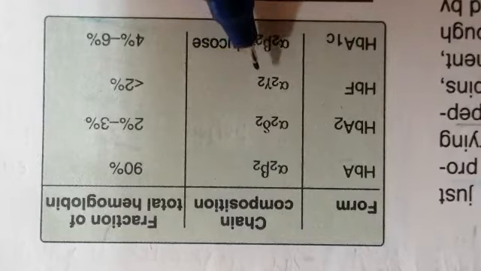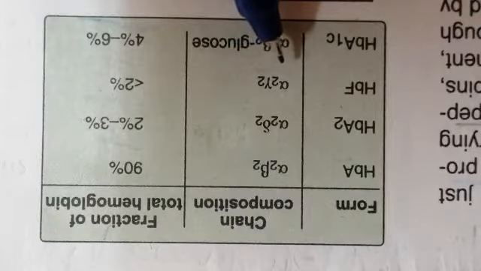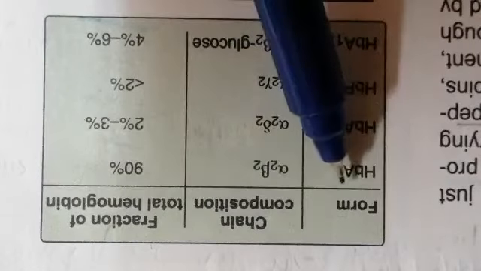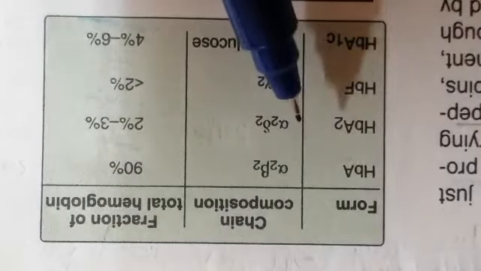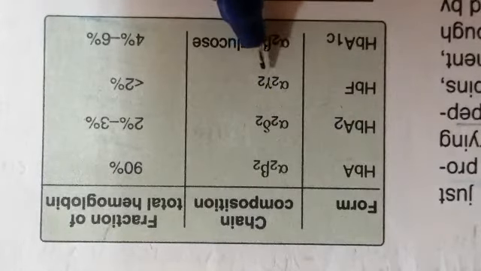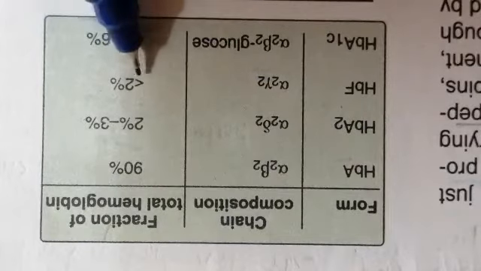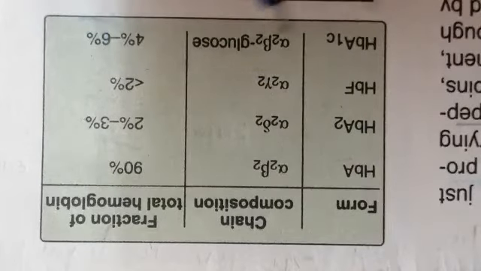The chain composition is alpha 2 and gamma 2. These gamma chains are present only in the fetus. At the adult stage, this hemoglobin is replaced by hemoglobin A, the adult hemoglobin. In adults, this alpha 2 gamma 2 composition is less than 2% of the total fraction of hemoglobin.